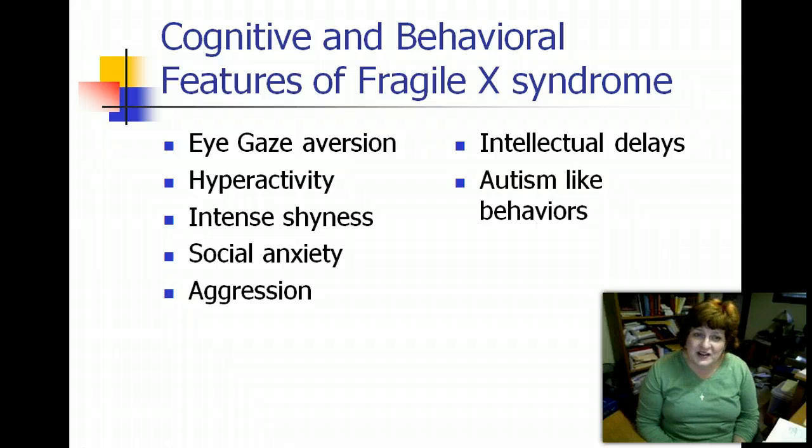There are both cognitive and behavioral features of Fragile X syndrome. Fragile X syndrome is the most common inherited cause of developmental disabilities and intellectual disabilities. About half the boys have aggression issues and are known to self-injure.